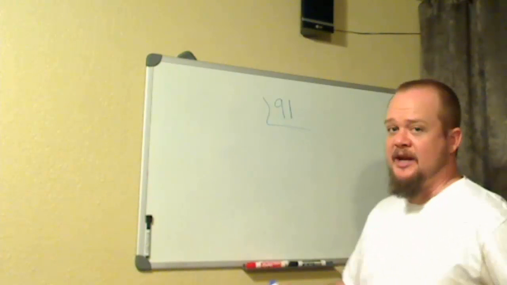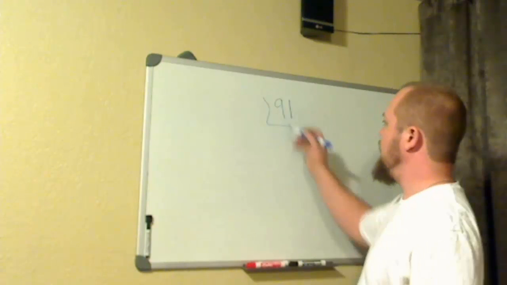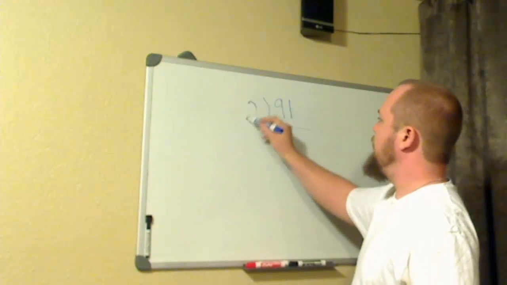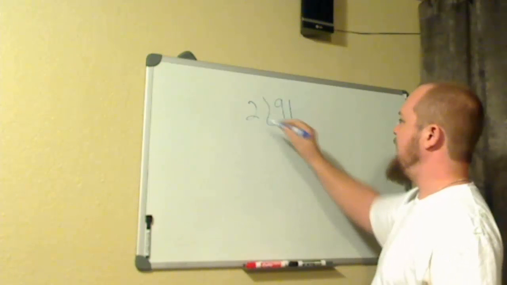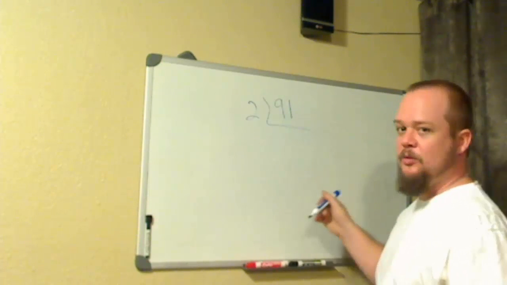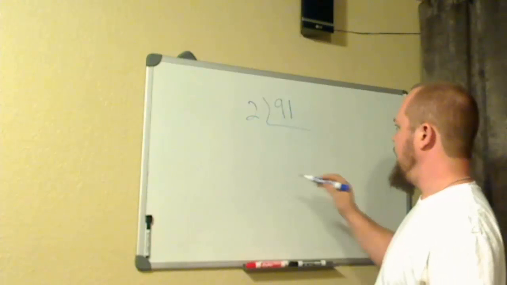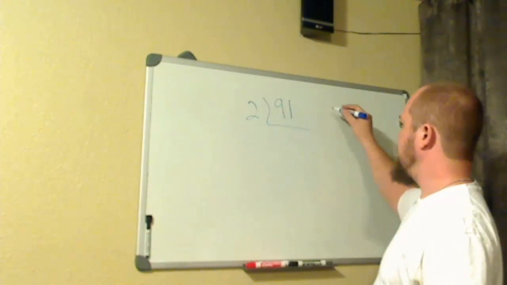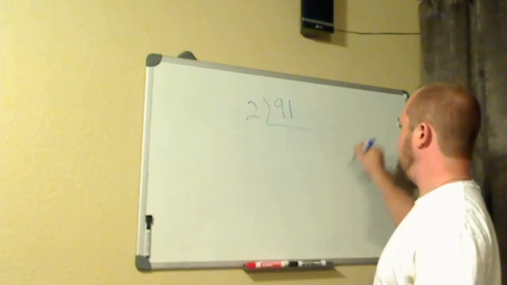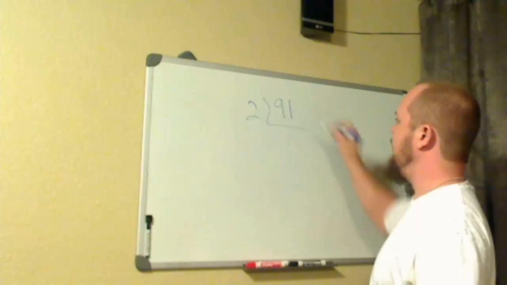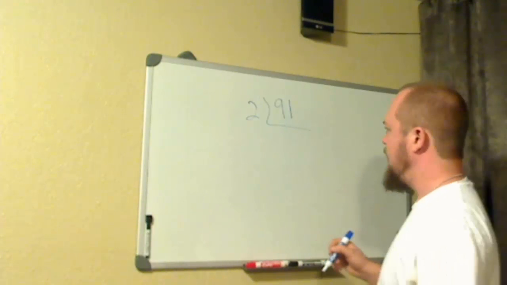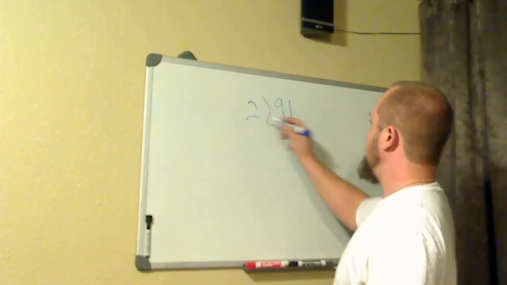In this case, binary being base 2, we would divide by 2. We'll divide 91 by 2 until we can divide it no more. Then we will place remainders on the side, and each one of these remainders will be the equivalent in binary to 91 in decimal. So let's go ahead and begin.